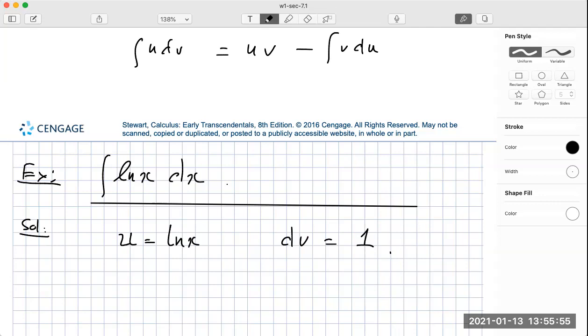So we need to compute u prime, okay? So what is u prime? 1 over x, thank you. So we take the derivative of both sides here. And the derivative of natural log of x gives us 1 over x, very good.